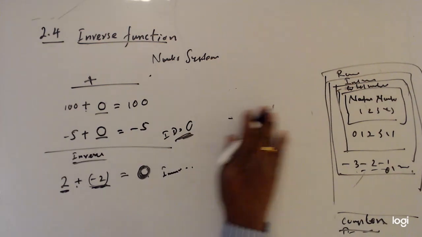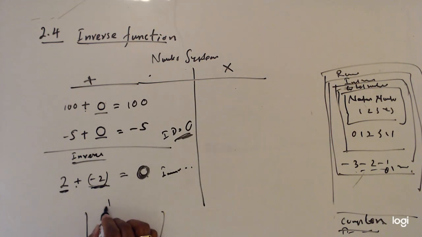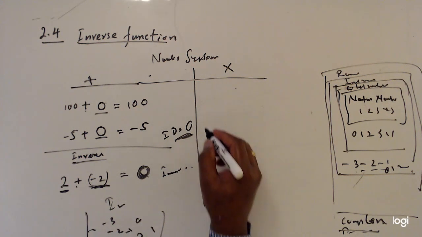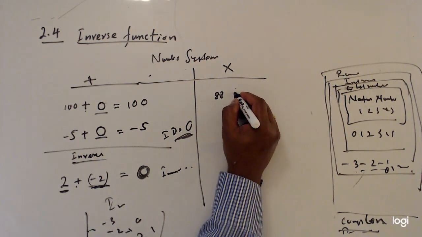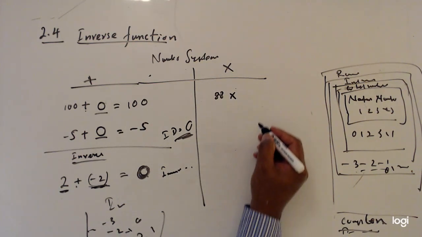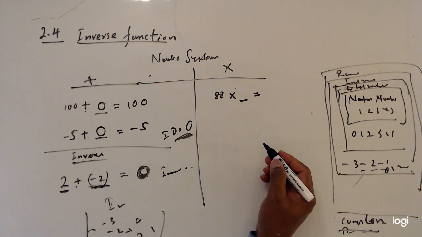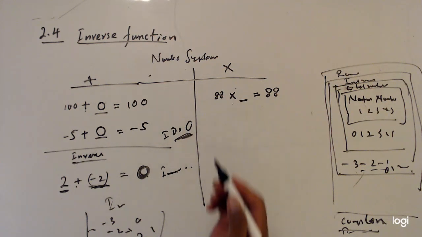Now we'll consider the other operation, multiplication, with the same pot. Integers: minus 3, minus 2, minus 1, 0, 1, 2, 3, dot, dot. When you take any element here, I will take 88, and when you multiply, is there any number that you will get 88 under this operation?